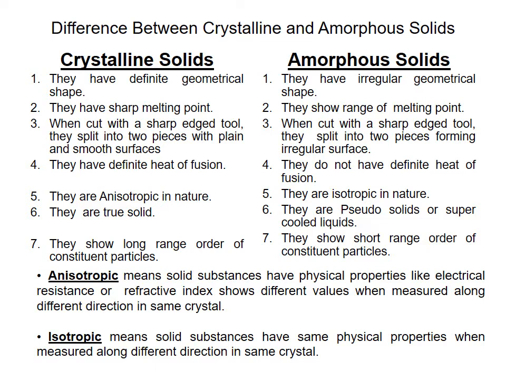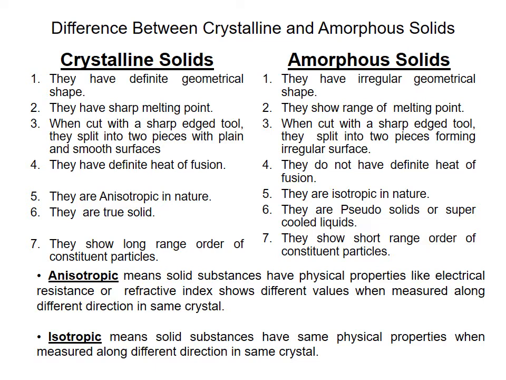But if we want to understand them, we say that crystalline solids show a long range arrangement of particles. As a result, they have a definite geometrical shape, whereas amorphous solids have a short range arrangement of particles and so show an irregular geometrical shape.